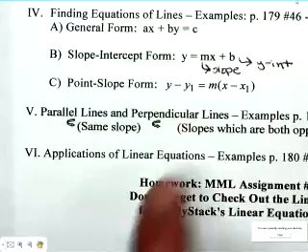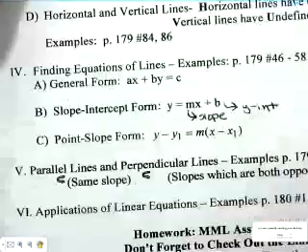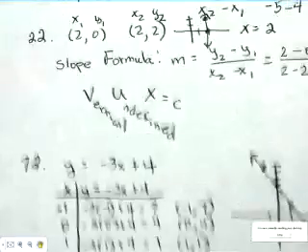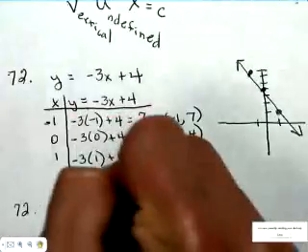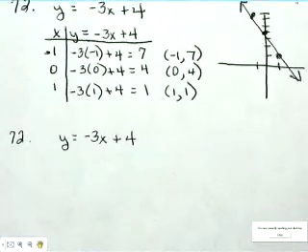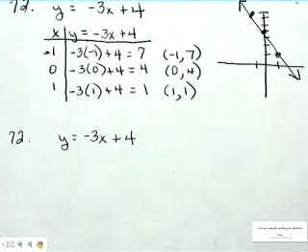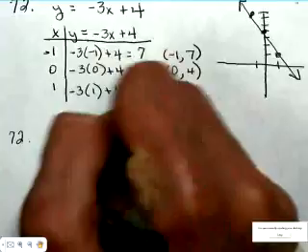So if I give you an equation in that form, like my number 72 was, look how much faster we could have graphed that. The y is by itself, so I can just look at it and see that the slope is what? Negative 3.